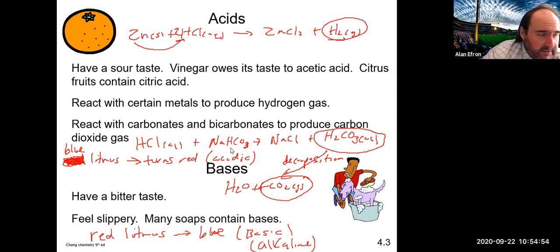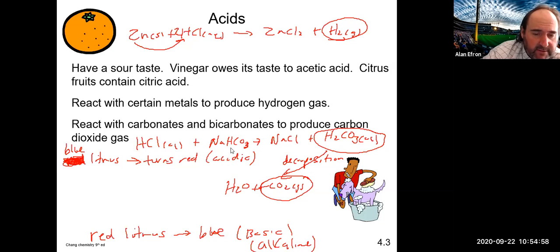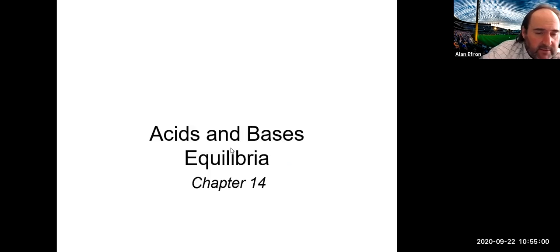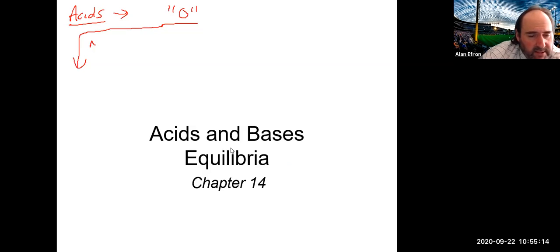In addition, you should be familiar with the nomenclature of acids from Chem 50. You should know what their names are. Just a really quick review: when we talk about the names of acids, it really involves whether or not it has oxygen. If there is no oxygen, it is hydro-something-ic acid.